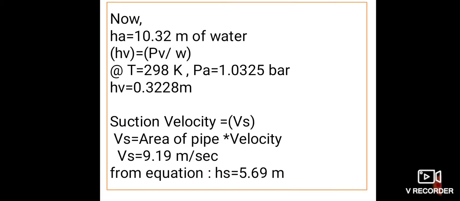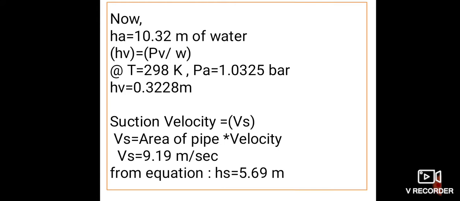Now Ha means the atmospheric head. Atmospheric head is normally taken at 25 degrees Celsius temperature and a pressure of 1.032 bar. Then the atmospheric head is 10.32 meter of water, and the vapor pressure head is 0.3228 meter.